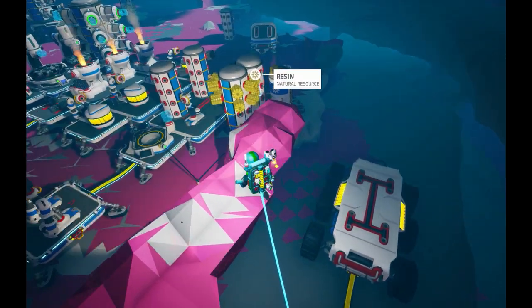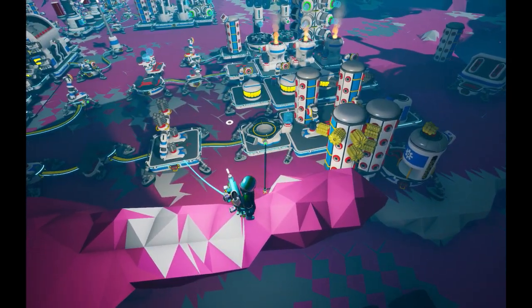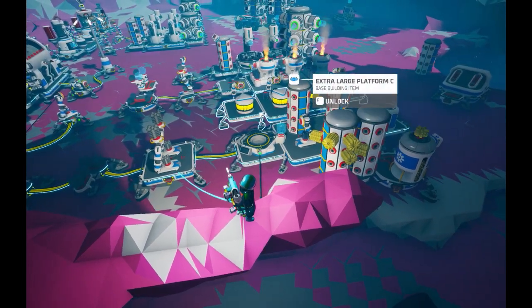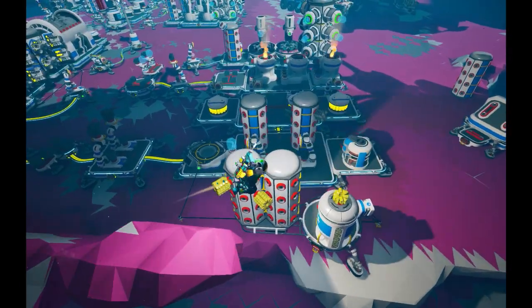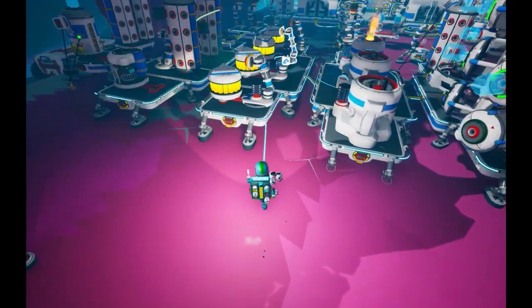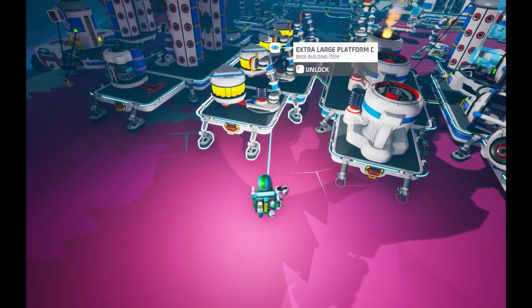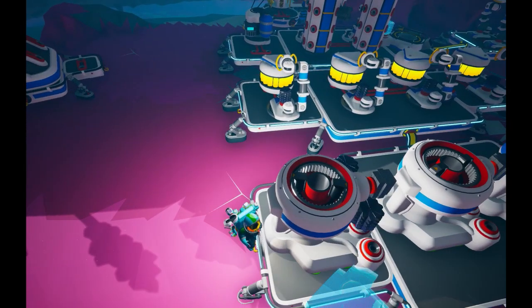So this timer is setting off this trade platform, which isn't here right now, but it's bringing back zinc or sphalerite. All the sphalerite is getting moved by these arms over to the smelters.